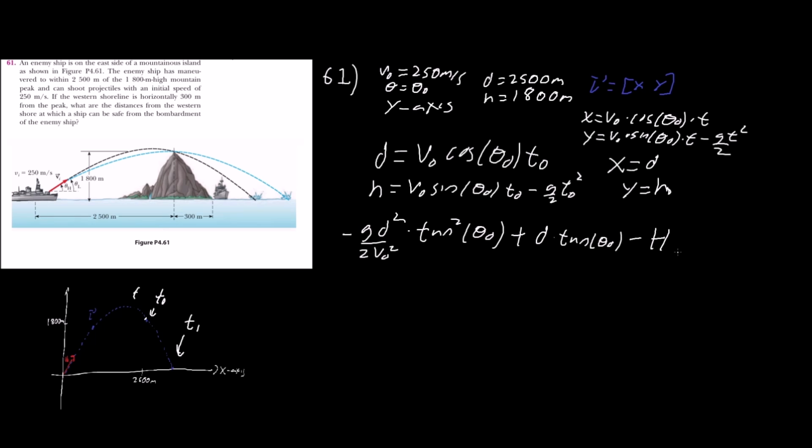So g d squared over 2 v naught squared times tangent of theta. I just got to add this little extra piece, g d squared over 2 v naught.